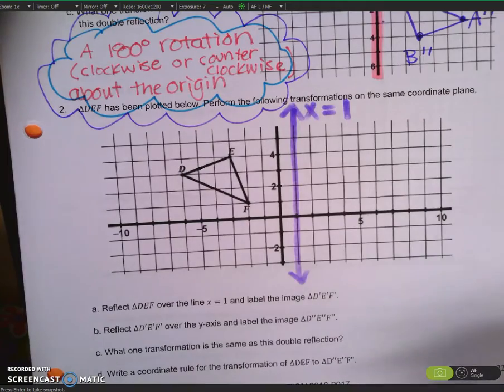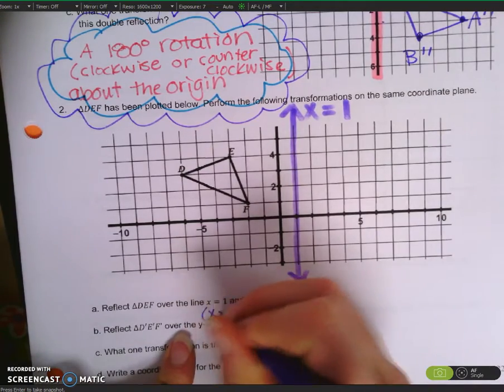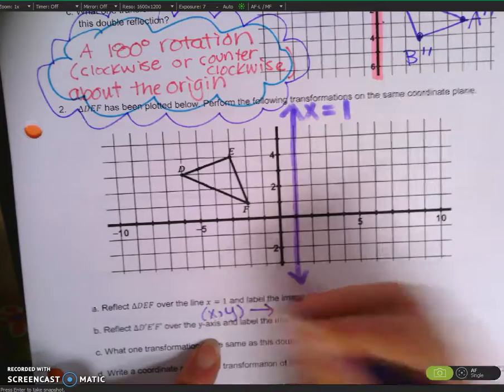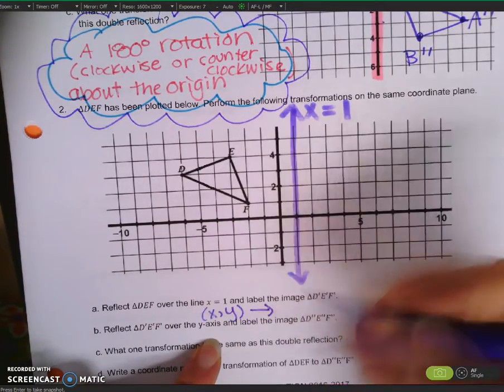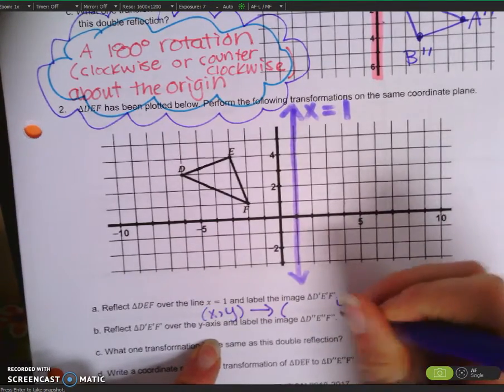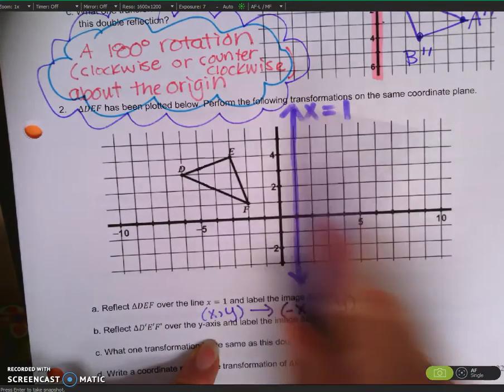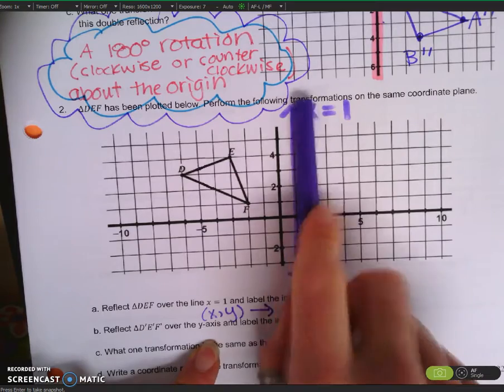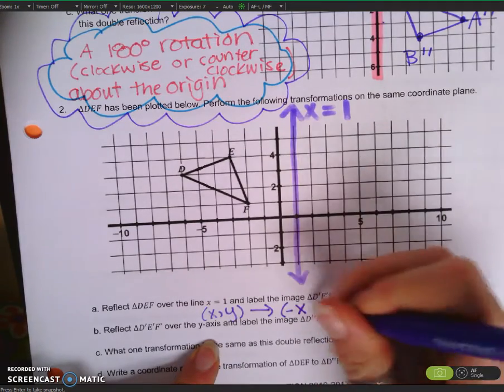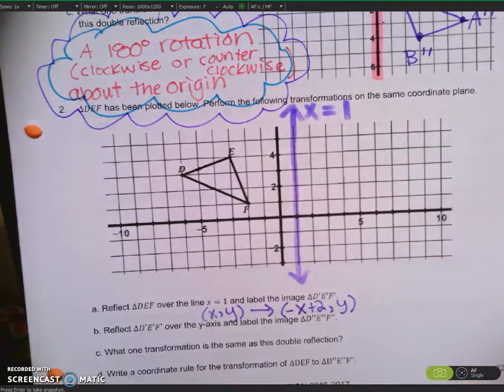So remember, if we're thinking about that rule, x, y, it is a translation of my y-axis. So I know it's my x value that's changing, negative x. And then it's translated 1 to the right, which means it would make up for 2 spots. And that's what we learned last class.